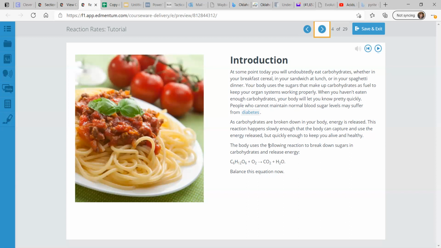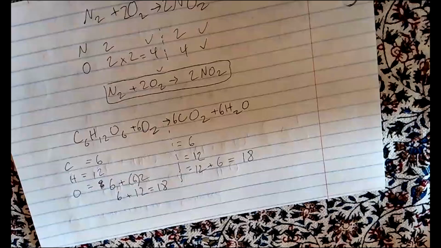Got 18. Six times 2. 6 plus 12 equals 18. Okay, sorry. Here, let me show you. Bam. Oh, it's not very big. Here, let me stop the sharing.